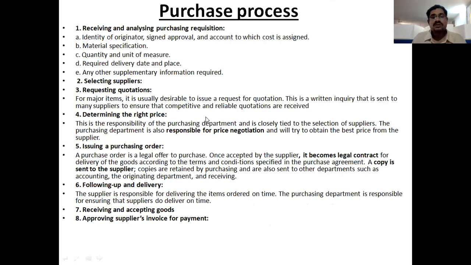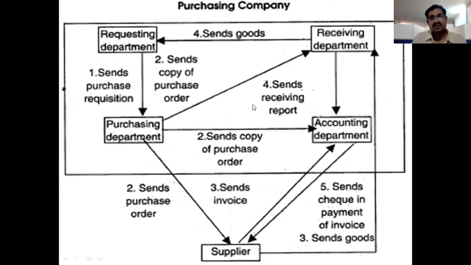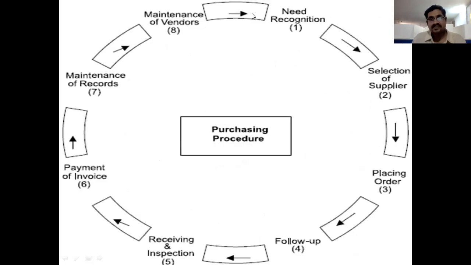Now coming to the purchase process. First, look at this diagram. First of all, purchase procedure means purchasing materials from the suppliers for our production to continue.